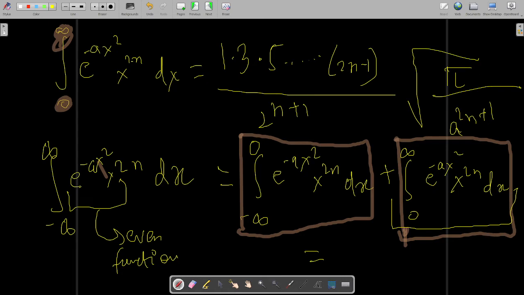So I am writing 2 times the integration 0 to infinity e to the power minus a x square x to the power 2n dx. This is the thing which you ultimately got, right?